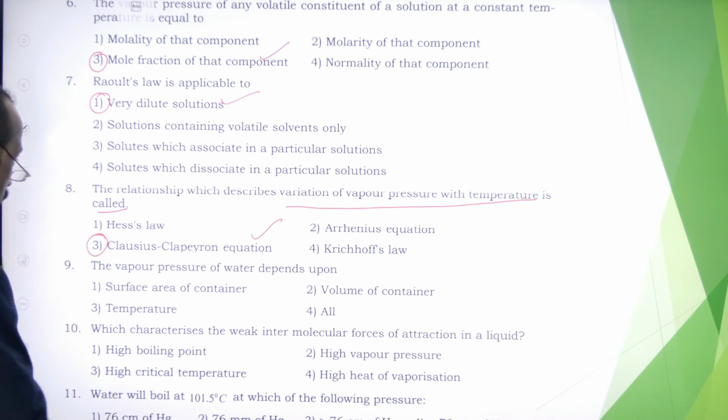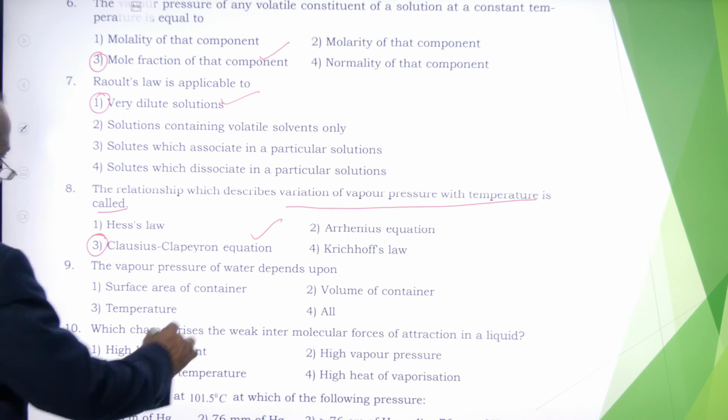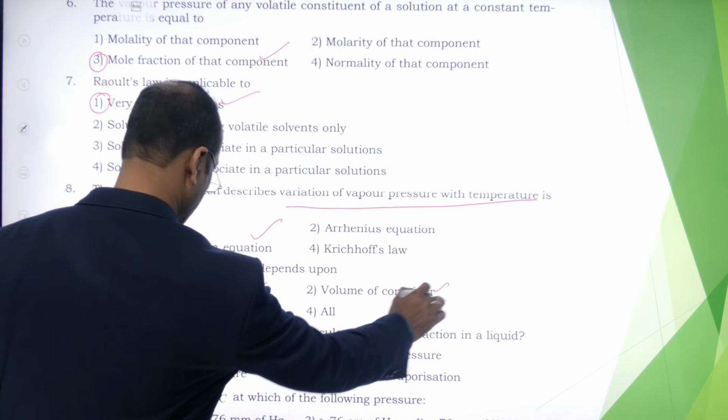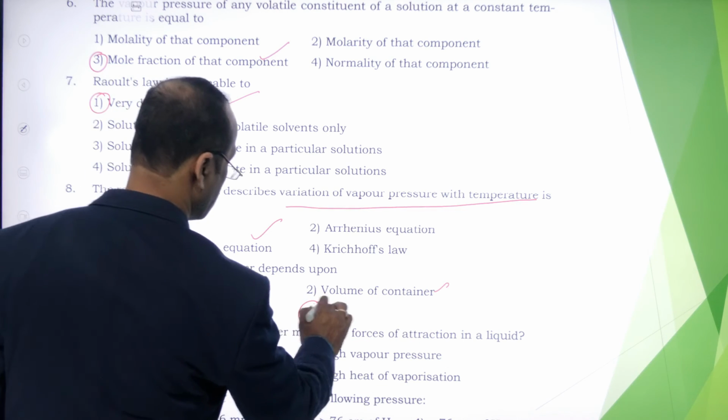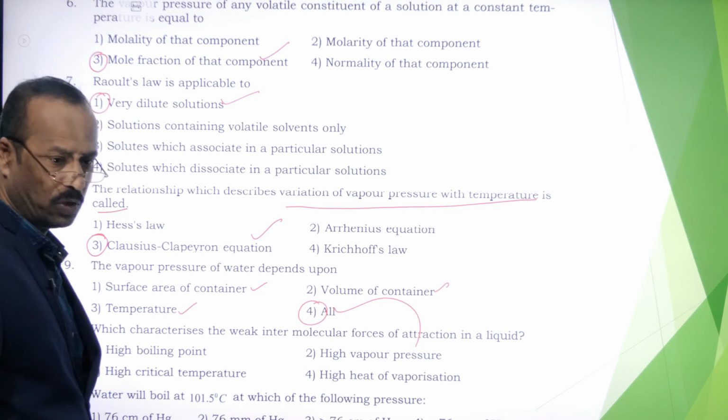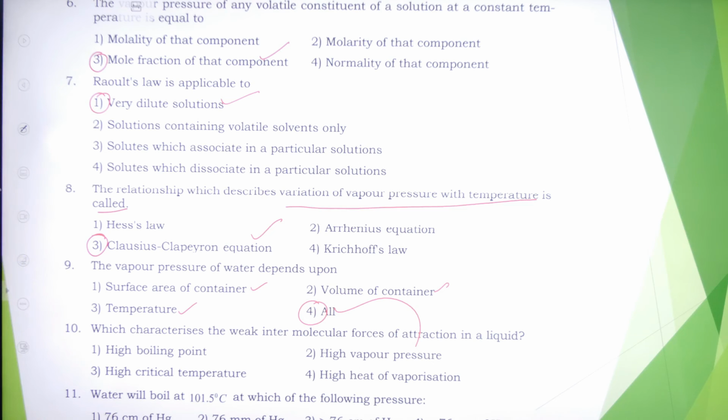Then, the vapor pressure of a liquid depends on what? The surface of the container, volume of the container, temperature. The answer is all. And the 10th one: which characterizes the weak intermolecular force of attraction of a liquid?